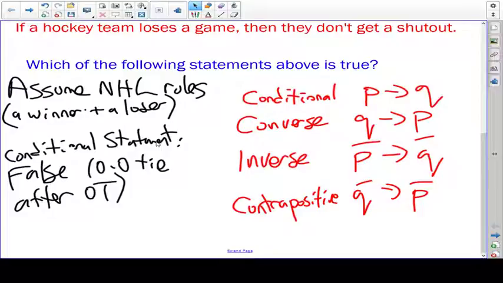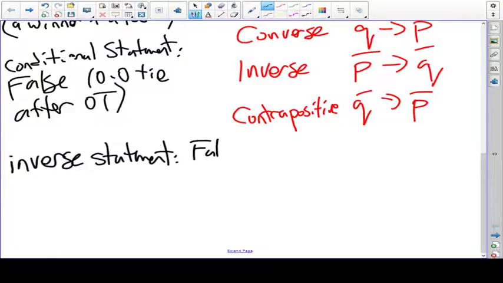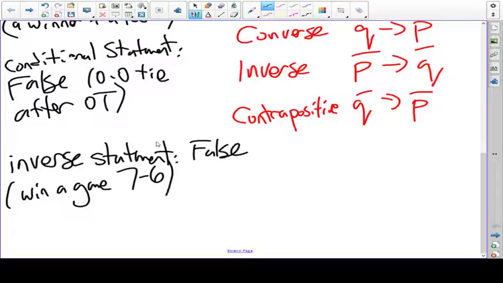So the inverse statement is also false. You can allow a whole lot of goals as long as your team scores one more than they allow. You're a winner, and you might not have even gotten a shutout. So the inverse statement is also false.